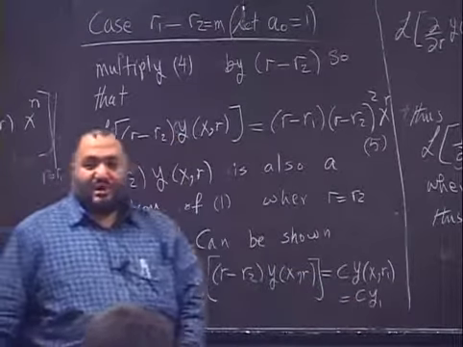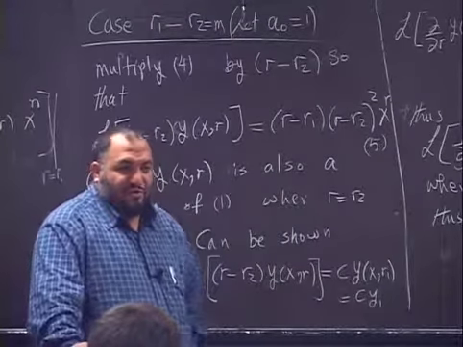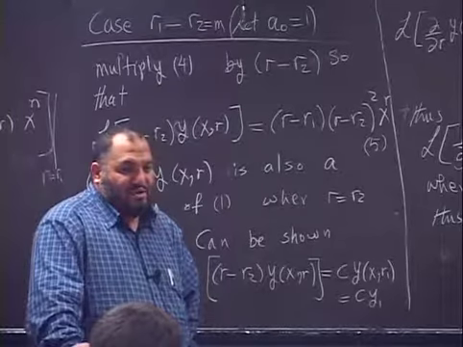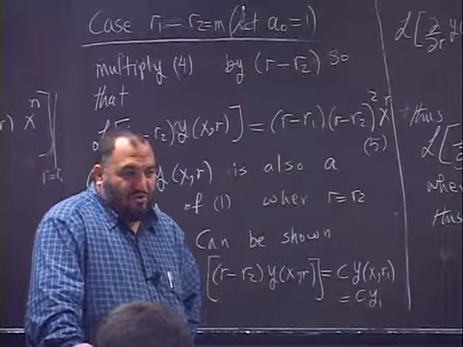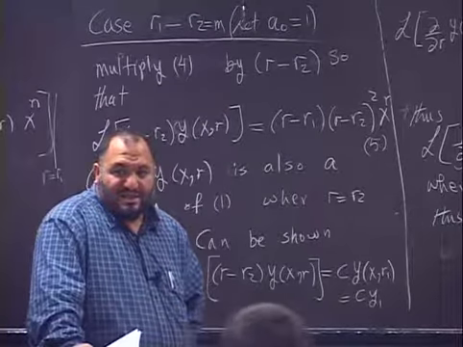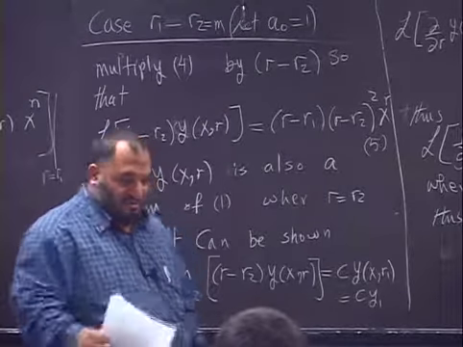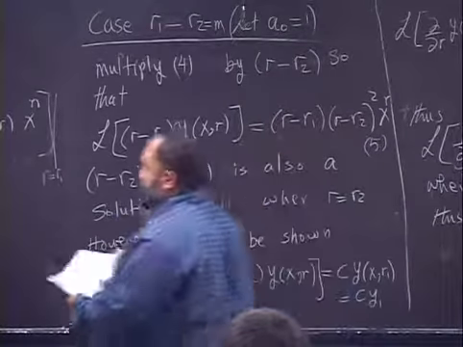So it's not a linearly independent solution. The second solution cannot be taken as a linearly independent solution. So we have to look for another solution that's linearly independent from the first one. And this will come the hard work.